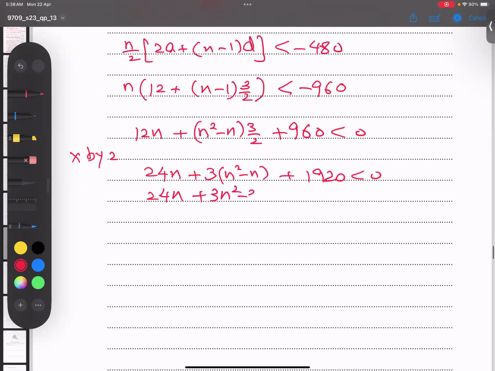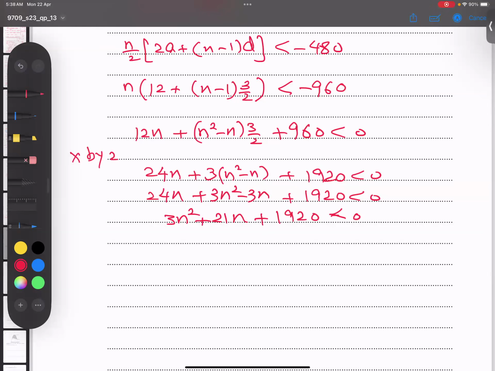Lot of algebra. I can do shortcuts even, but for the sake of smooth, understandable working, I'm writing more steps. So this and this subtract, we're going to 21n plus 1920. Okay.